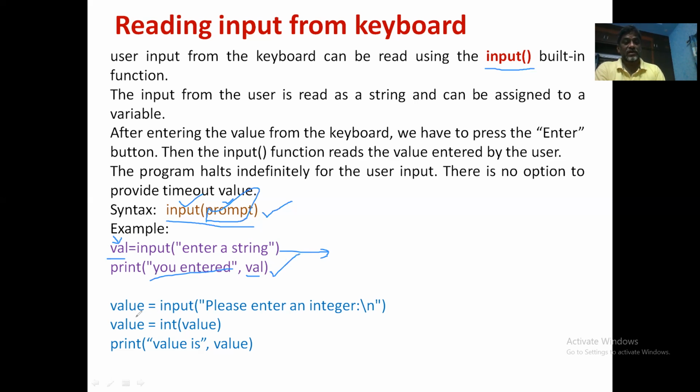And look at the second example. Value is equal to input of please enter an integer. So the user enters an integer, let us say 10, but even though it is an integer entered by the user, the input function takes everything as a string. That is, even though a user entered 10, it takes the 10 as a string like this.